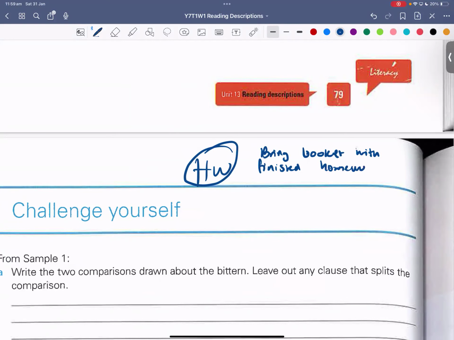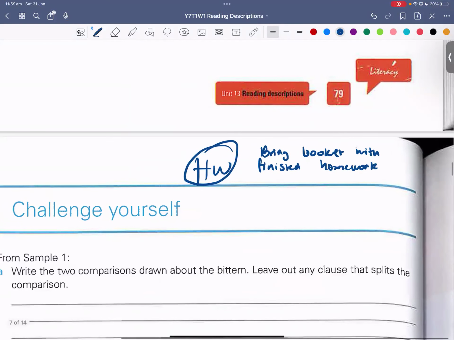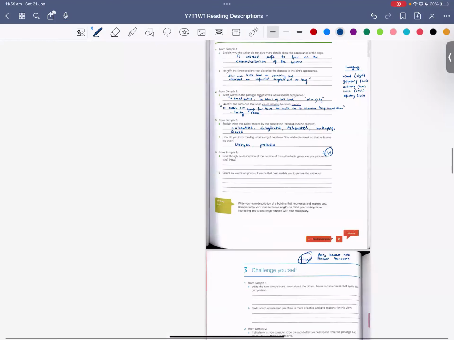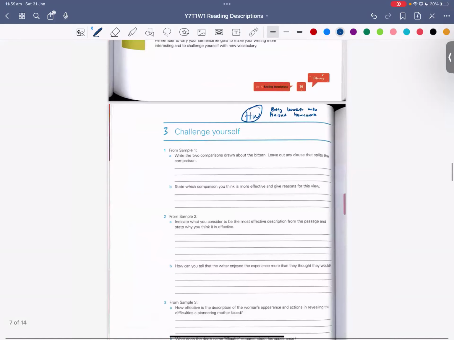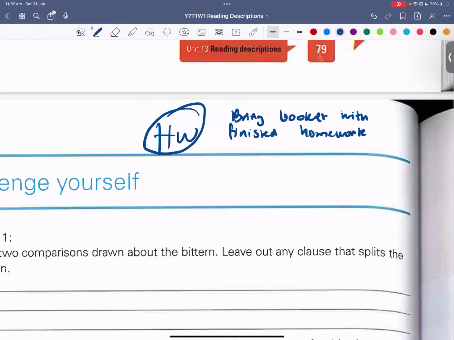Is anyone unsure about anything or have any questions? No, it's this part, and this part. So it's basically 1.5 pages. Any other questions? Anyone unsure?